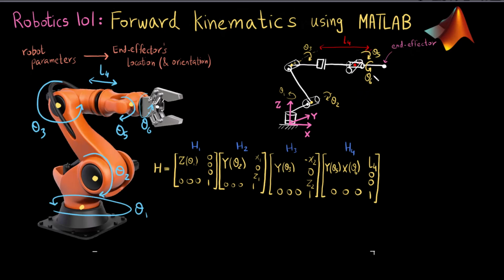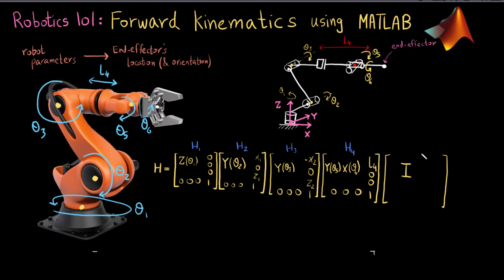And once I have done that, I can see that once I am at this red point, and if I need to go towards the end effector, there has to be another displacement, right? So I need another homogeneous transform, but this time there's going to be no rotation whatsoever. So there's just going to be an identity matrix right here.